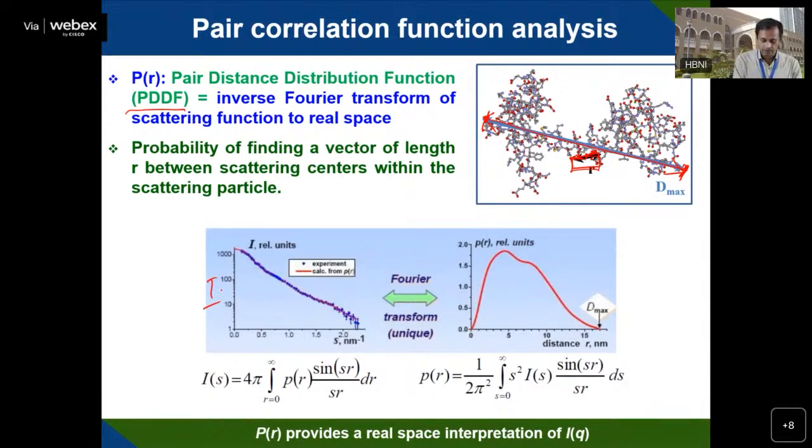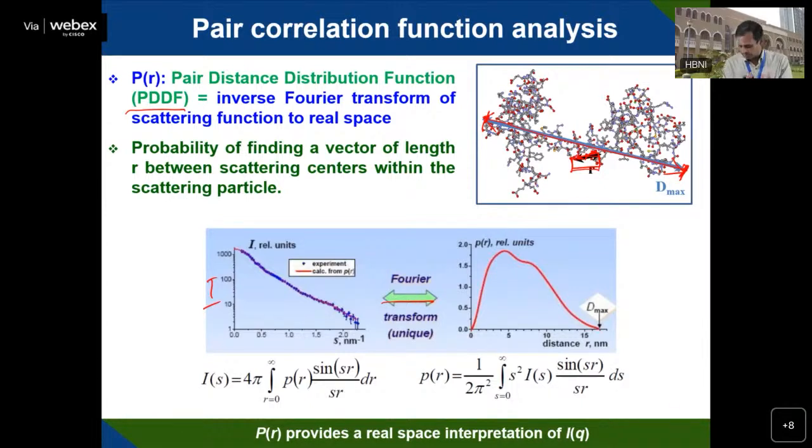So you will get just intensity versus Q. You have to Fourier transform to get real units. This type of curve you will get. I(Q) is nothing but the scattering amplitude from the X-rays from the atom or the molecule, and then you have to multiply I(Q) equal to A(Q) into A(Q) star, that is the scattering amplitude and its complex conjugate.